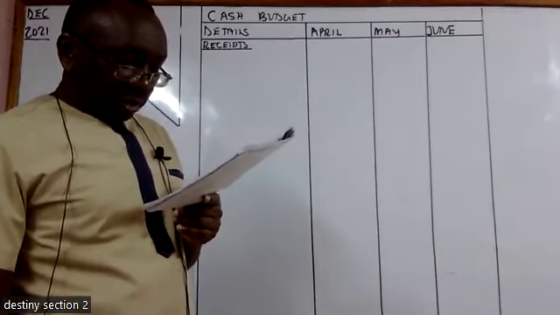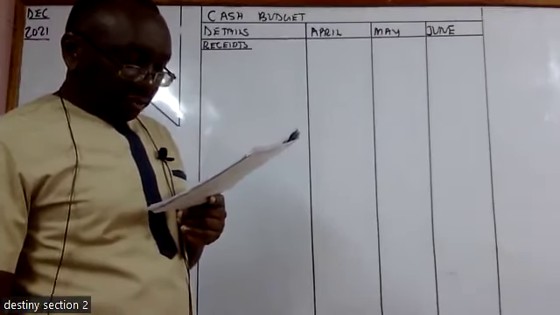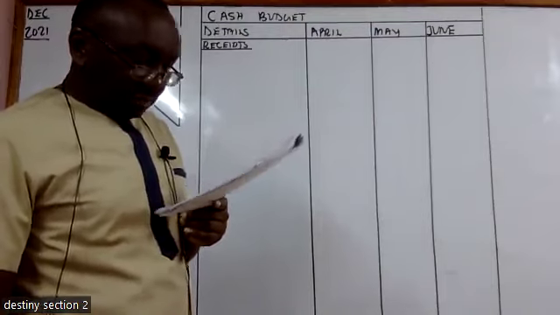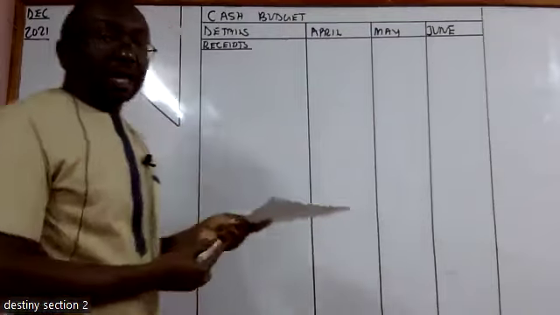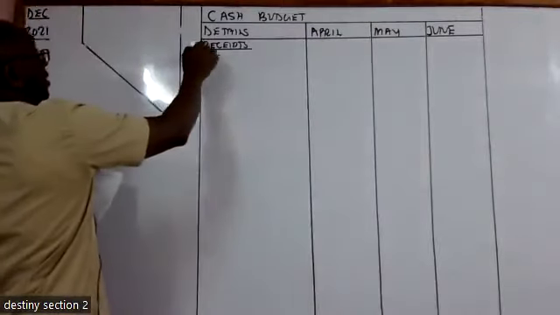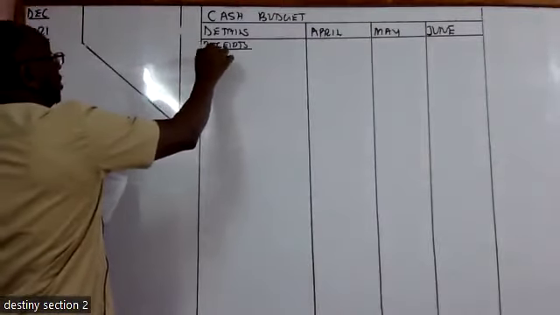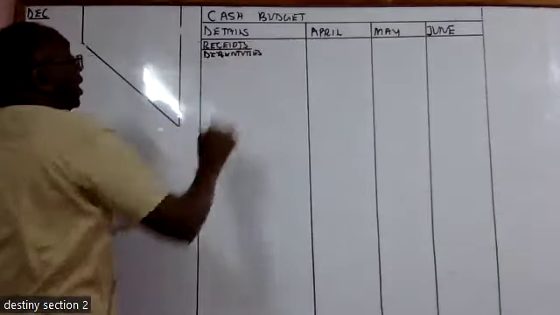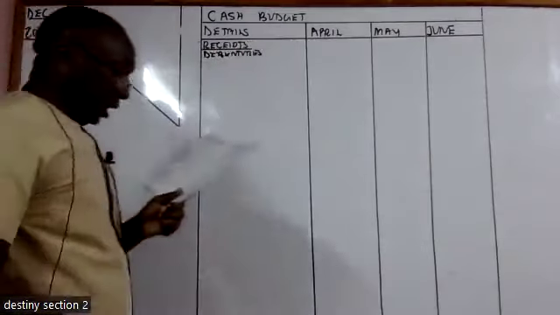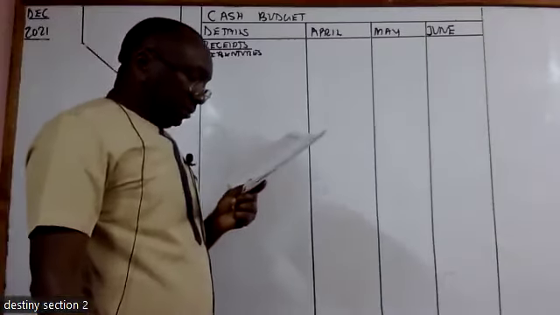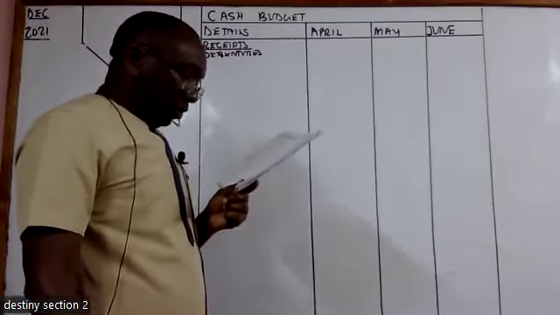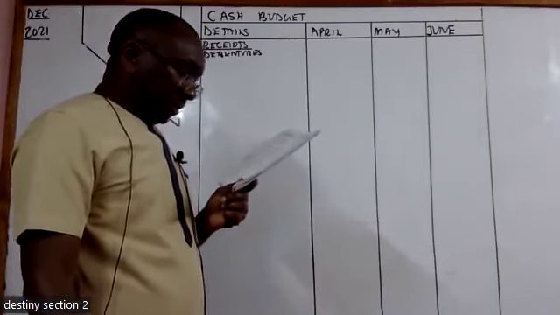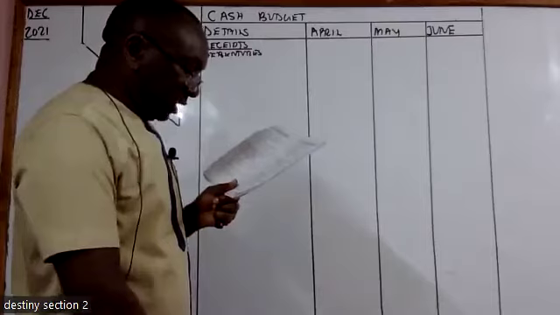Debentures worth 125 are expected to be issued in May, and the amount to be received the same month. So we can even begin with that. Look at debentures. That's an item of receipts. Debentures worth 125 million is expected to be issued in May, and the amount received the same month.